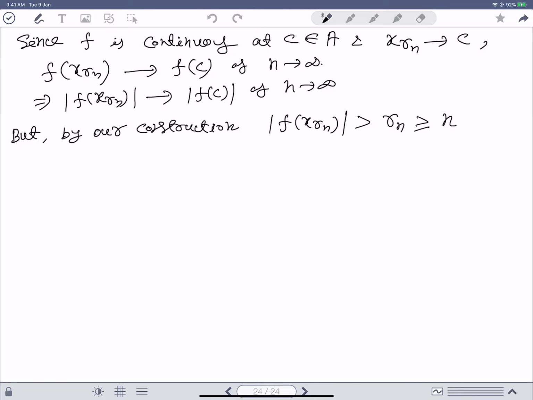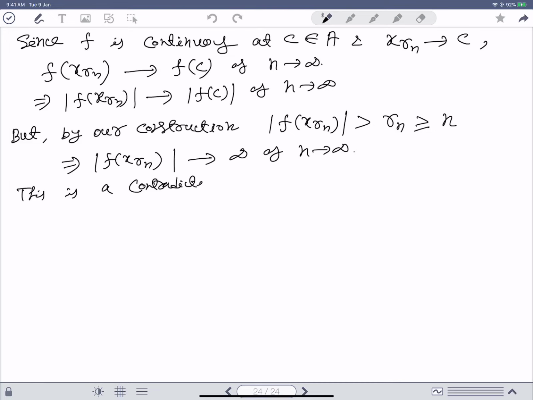Now this implies mod of f of x_rn diverges to infinity as n tends to infinity, right? Now this is a contradiction. So we assumed that the function f is not bounded and we arrived at a contradiction, right? So therefore the function f must be bounded.